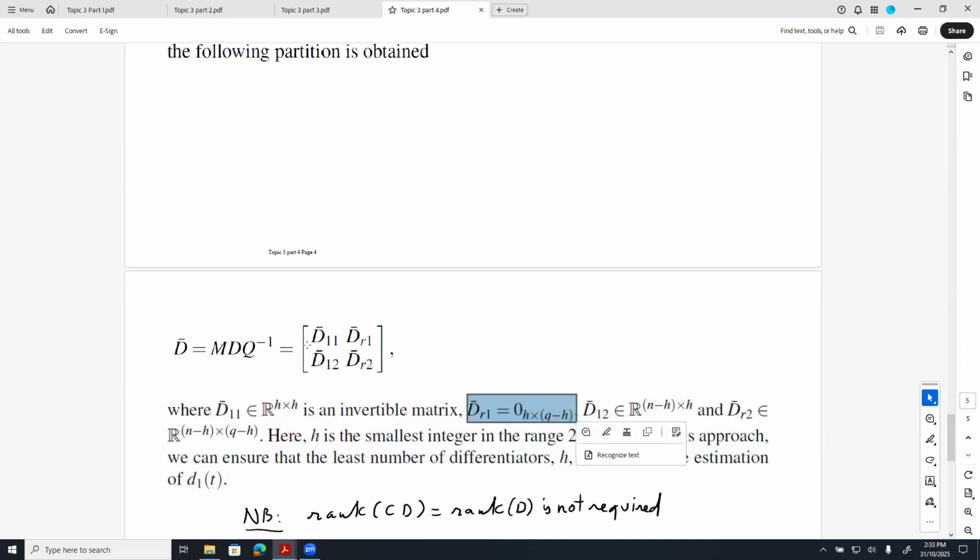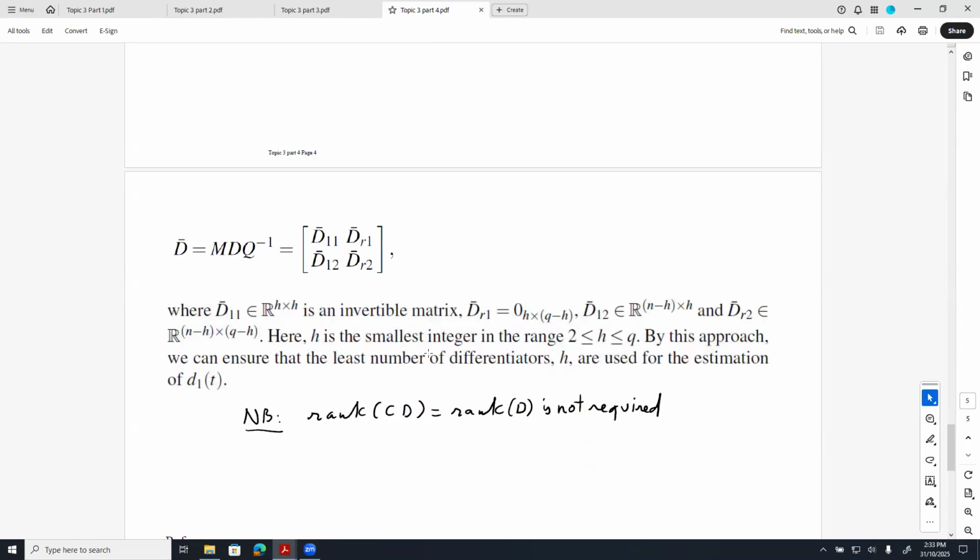The rest of these submatrices are of appropriate dimension. So if we can do that, we can always guarantee that we have the least number of output differentiators that we can use for the estimation of this targeted unknown input.